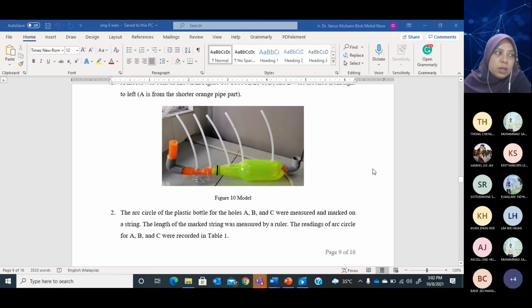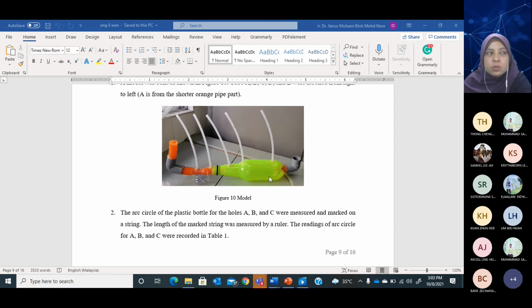Next is the arc circle of the plastic bottle for the holes A, B, C were measured and marked on a string. The length of the marked string was measured by a ruler. If you have a measuring tape like the one used by a tailor to make clothing, that one is more suitable because a ruler is straight.